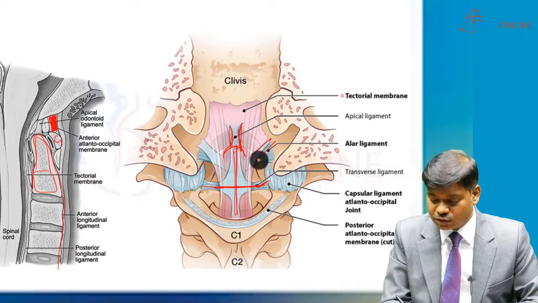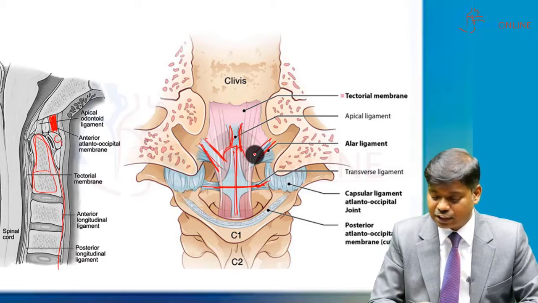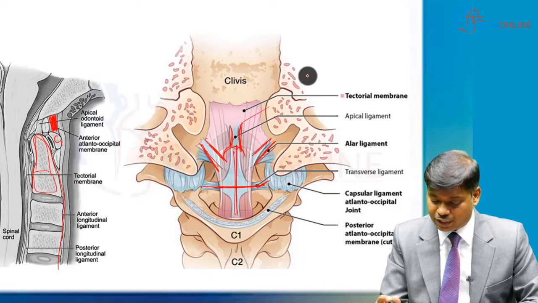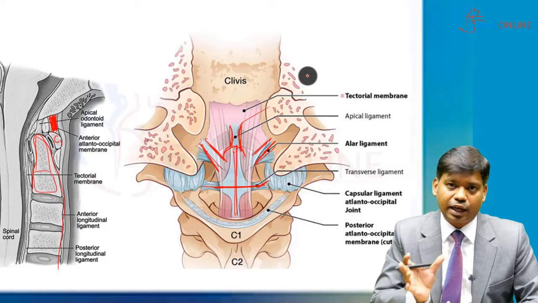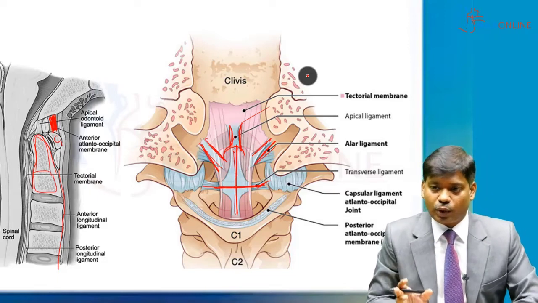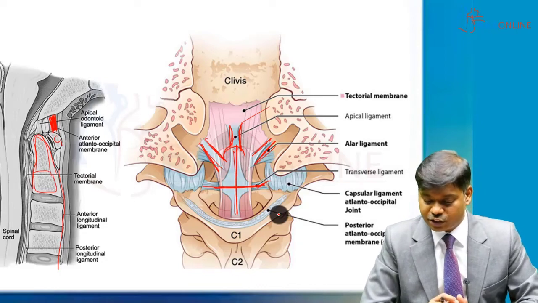Similarly, there are the alar ligaments, which go from the odontoid and get attached to the side. The entire thing, along with the tectorial membrane here, forms the major stabilizing element of the upper cervical spine, including the posterior atlanto-occipital membrane, which we discussed here.